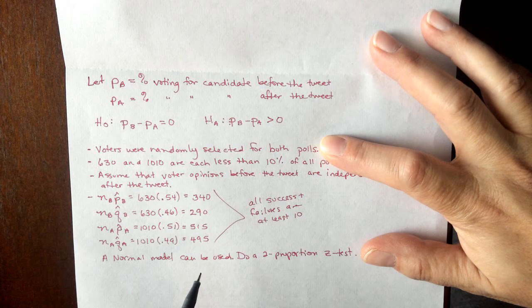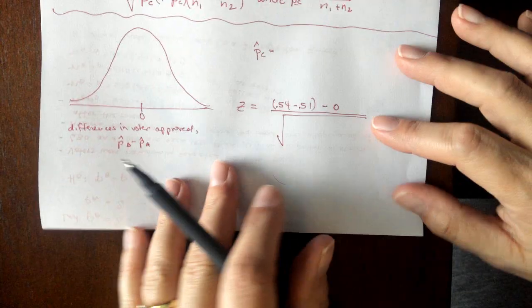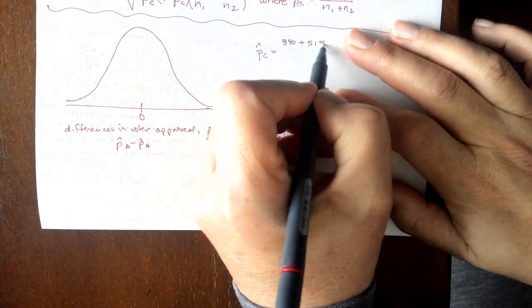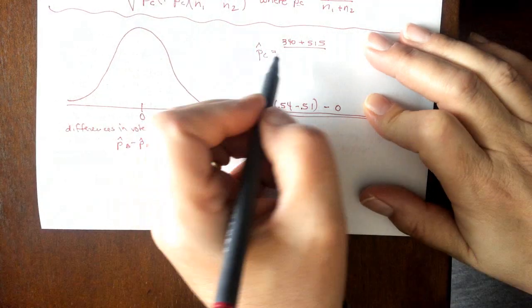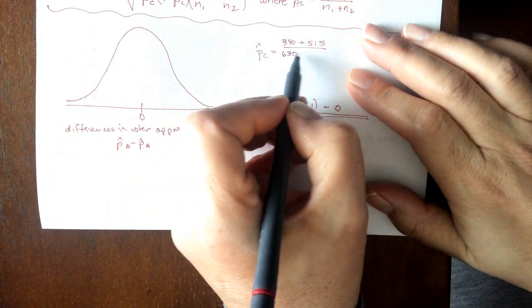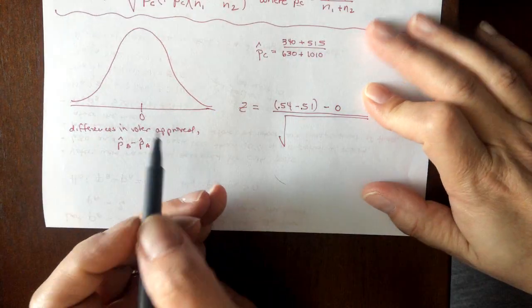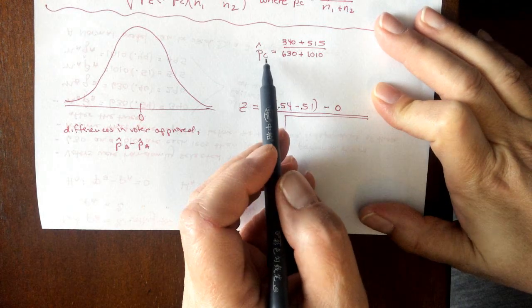These are real numbers of people. So 340 plus 515 over N1 plus N2, so the sample size is combined. 630 people in the first poll and 1010 in the second poll. So this is our p hat pooled or p hat combined.